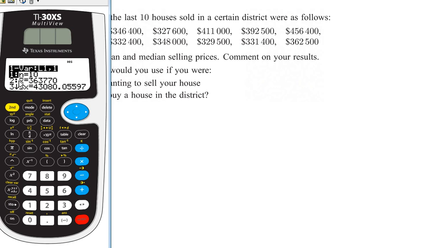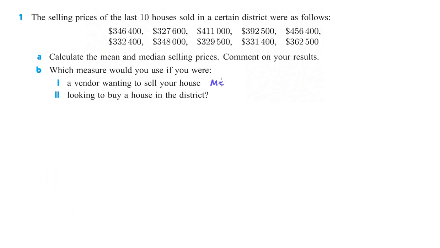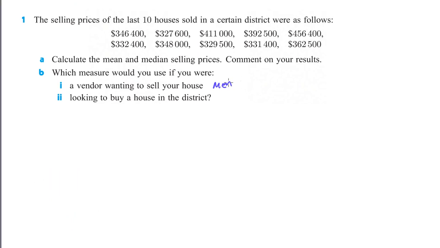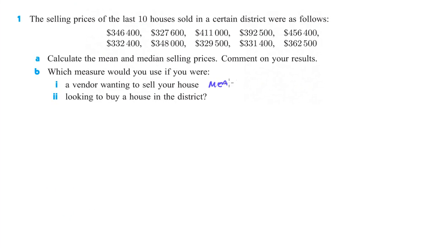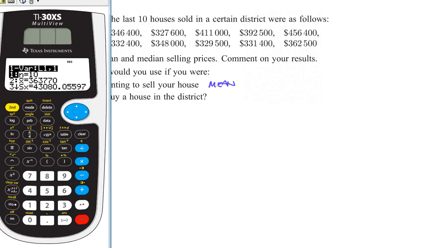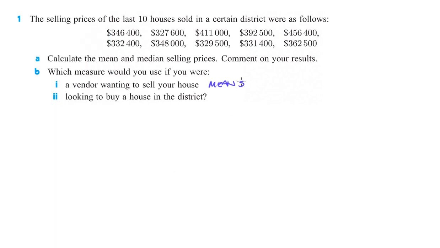Mean is the x with the bar over the top. So 363770. So mean, M-E-A-N. I already forgot the number. 363770. So there's our mean.